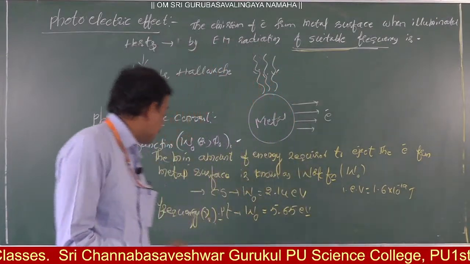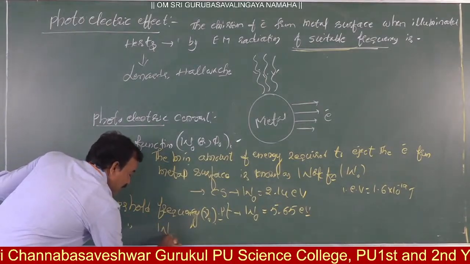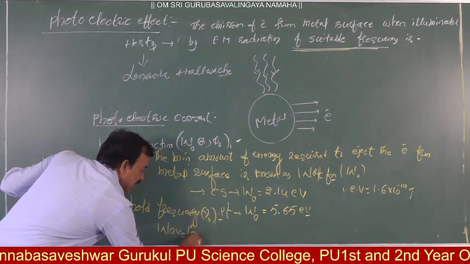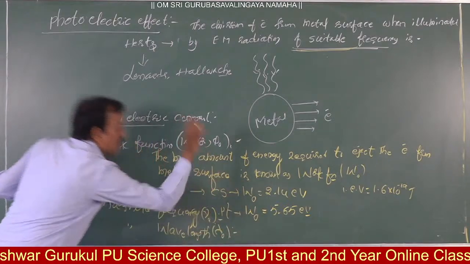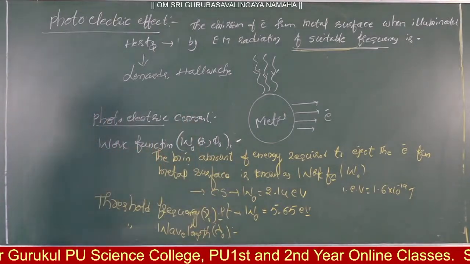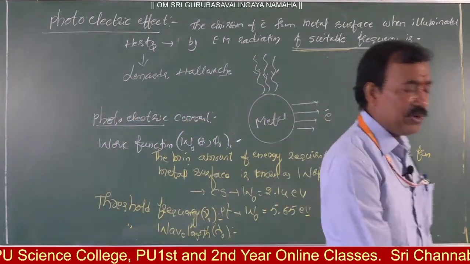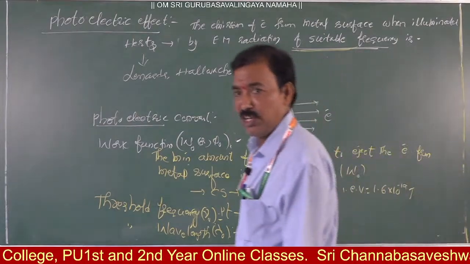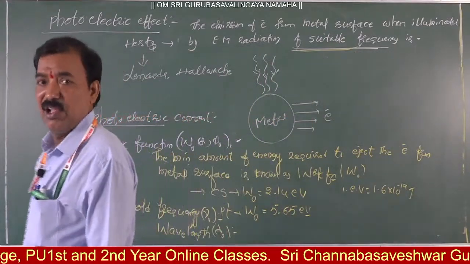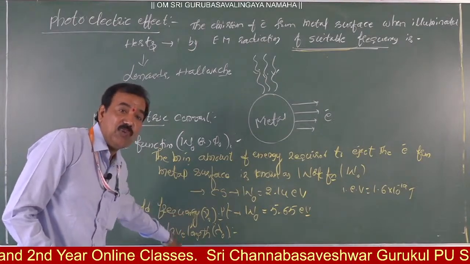Next one is the threshold wavelength. The symbol is lambda naught. What is the relation between frequency and wavelength? They are inversely proportional. So if frequency is minimum, wavelength is maximum.